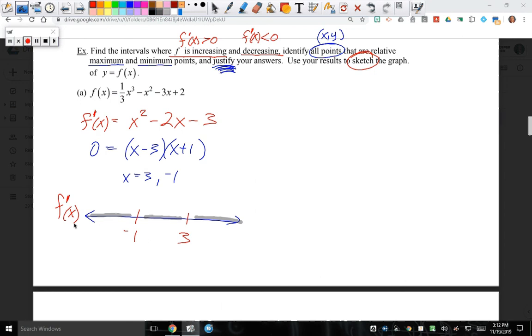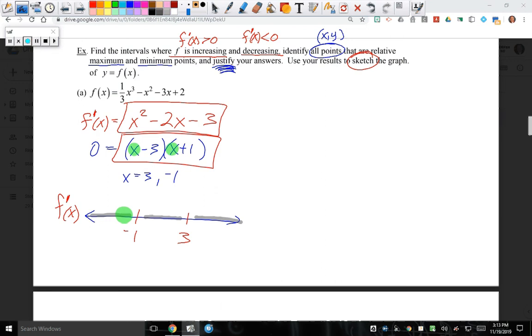You have a choice. You could plug the numbers back in here, or you could plug the numbers back in here. Let's say that I'm going to try like a negative 2. Which one do you think is easier to plug in? The second one, the factored form, because they will give you the signs very quickly. So I'm going to test a negative 2, and I'm going to put it right here and here.